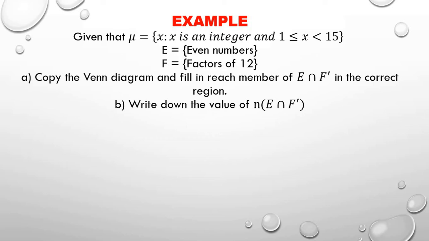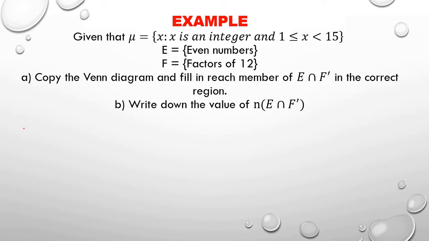So let's look at this example whereby our universal set is an integer ranging from 1 less than or equal to x strictly less than 15. Then we have E, even numbers, and F, factors of 12.